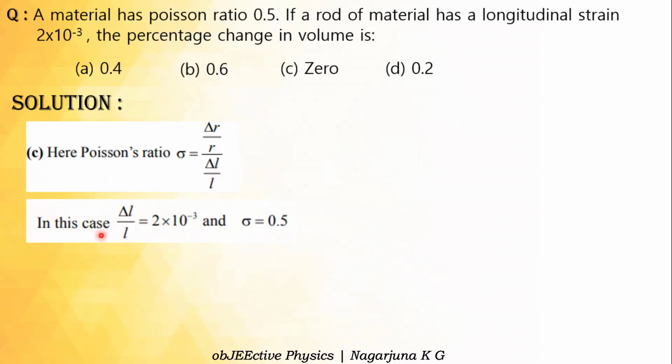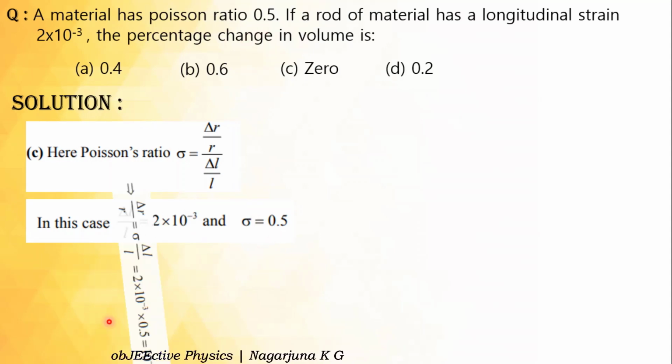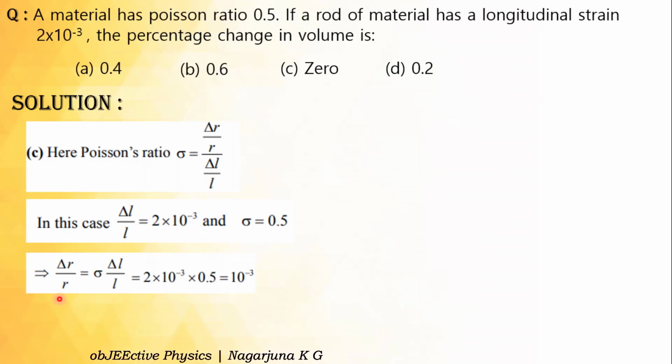In this case, delta L by L is given in the question, it is 2 into 10 power minus 3, and Poisson ratio is also given as 0.5. Therefore, delta R by R is equal to sigma into delta L by L, that is equal to 2 into 10 power minus 3 into 0.5, that is equal to 10 power minus 3.